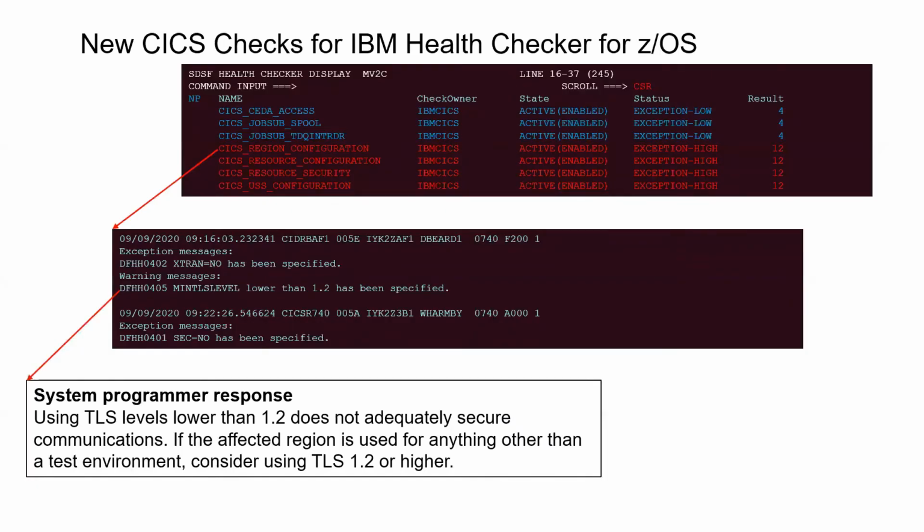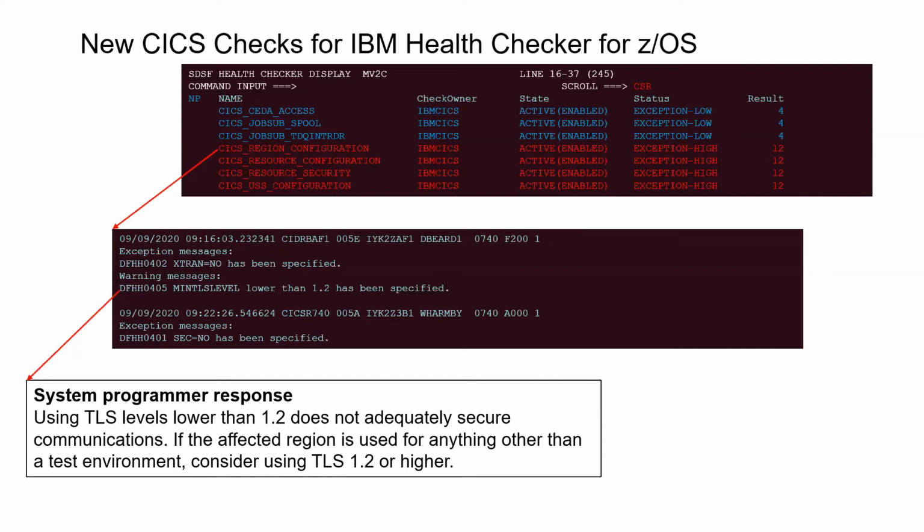So here you can see an example of the new checks in the CICS Open Beta. They're highlighted in red, but they will appear blue on the real system. This is just to identify what they are. So there are various things to do with the resources, the region configuration, and also USS security. An example of the sort of thing that you get if you select those is information with messages to indicate where the system is not conforming to best practice.